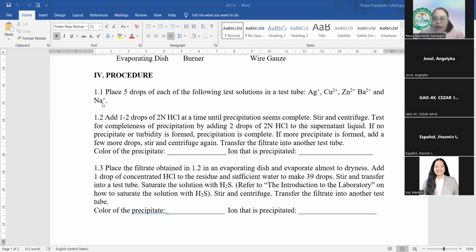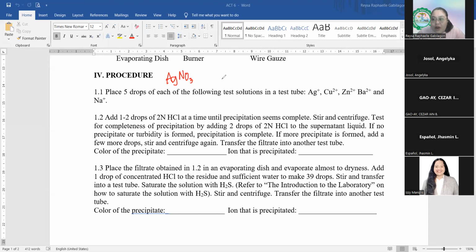By the way, these ions are in their salts actually. Wait, let me write it. They are all in their nitrate salt. So for example, silver is in silver nitrate, because they don't exist in nature as free ions.